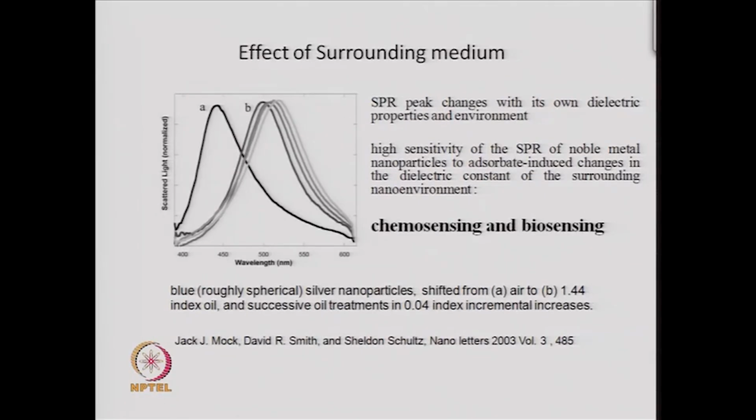Now, what is the effect of the surrounding medium? If you have a metal particle and you have some solvent molecules, say water or ethanol or cyclohexane, how does the surface plasmon band or the SPR peak, shown here as A, change as a function of the environment?